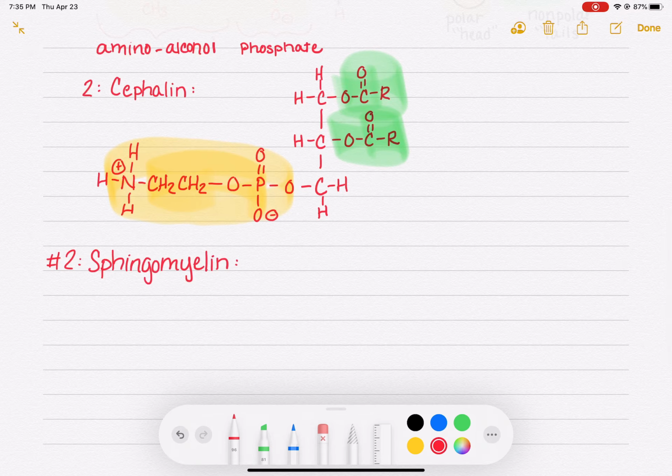Sphingomyelins are also cell membranes, but they are specifically cell membranes that surround nerve cells. A lot of times you might hear these referred to as components of what we call the myelin sheath, which is like the insulation or protection around a nerve cell.